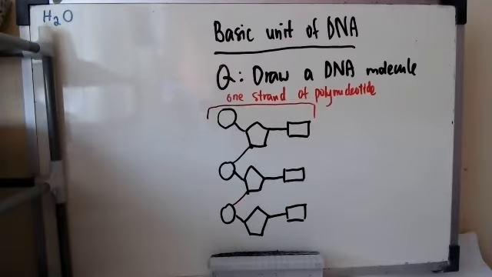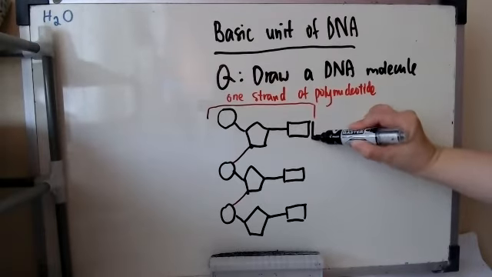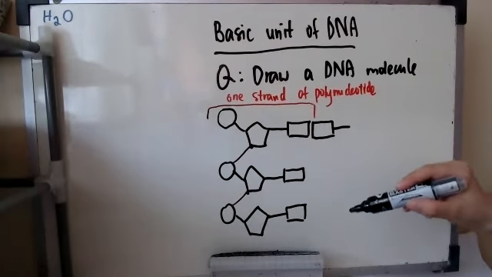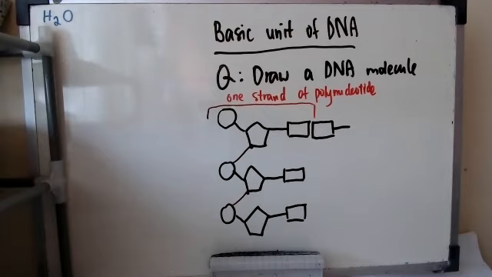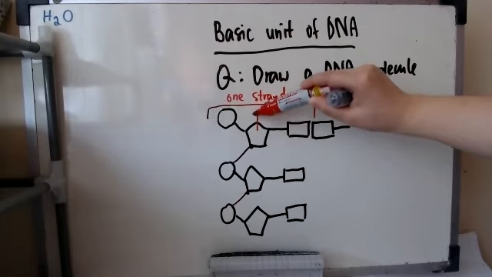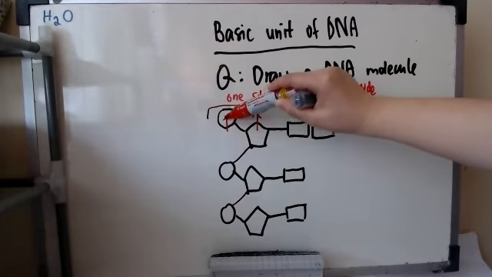Harpreet, let's come back to this. So basically the other strand will look something like this. Same nitrogenous base, but it's the other way around because it's anti-parallel. This one is facing up. This one is facing up.